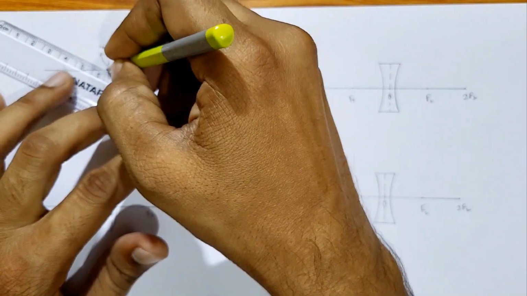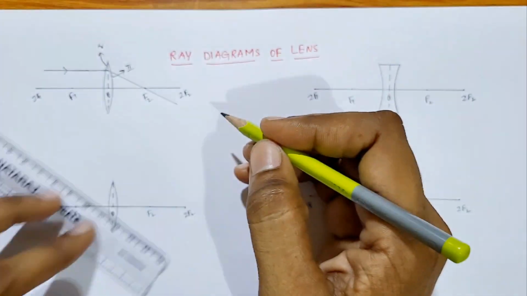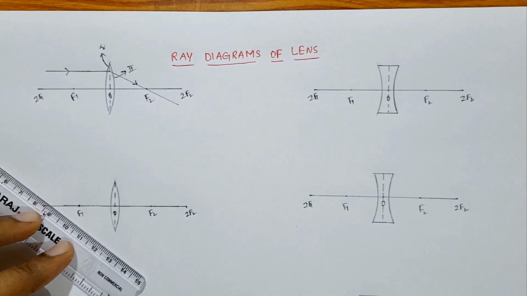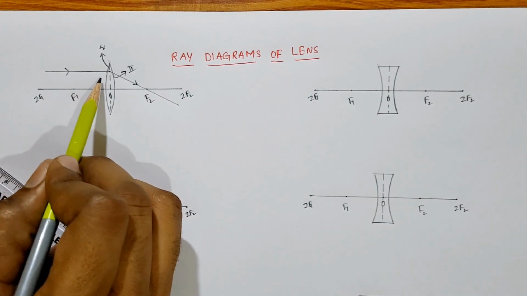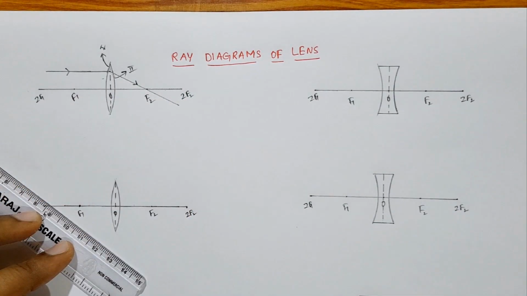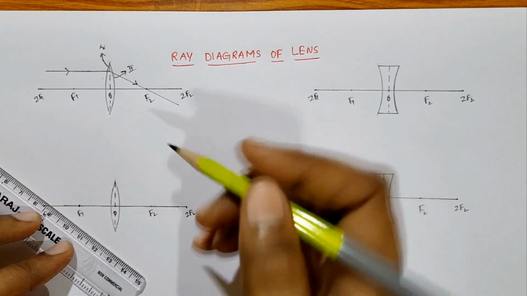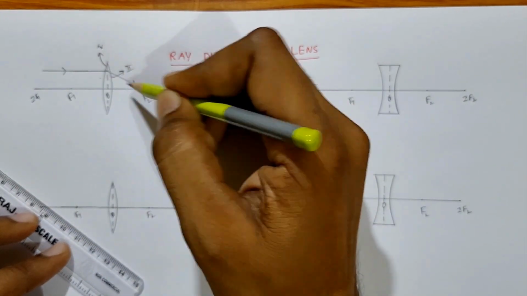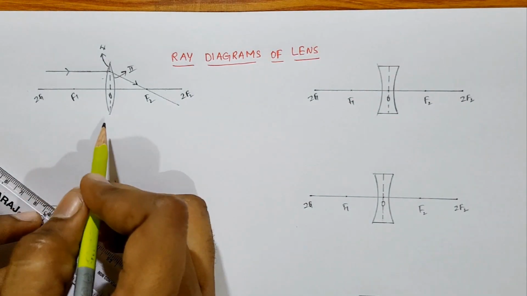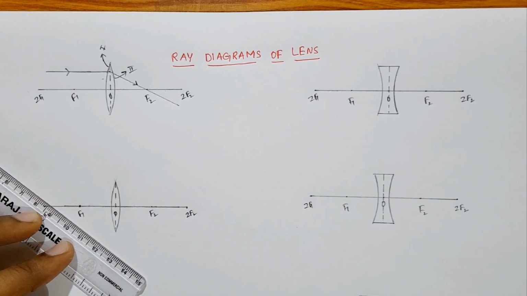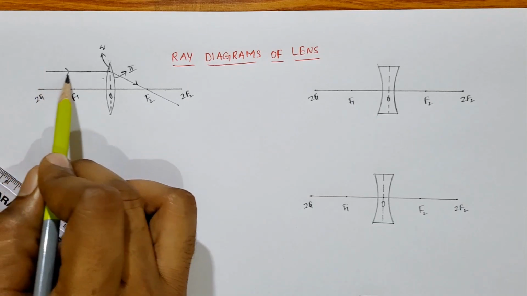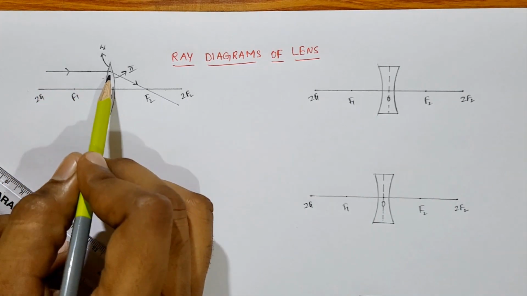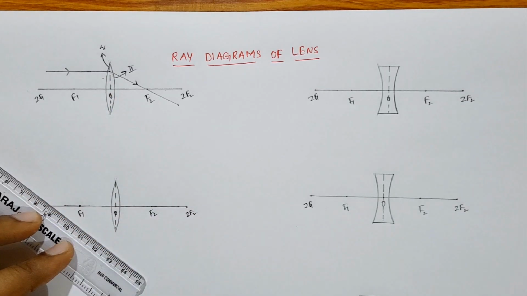This is the incident light ray and this one will be the refracted light ray. Actually one refraction happens here and one here, but commonly we take one point or one surface where the refracted light ray will bend, because we have only thin lenses in our syllabus. So when the incident light ray passes parallel to the principal axis, the refracted light ray will pass through the focus.